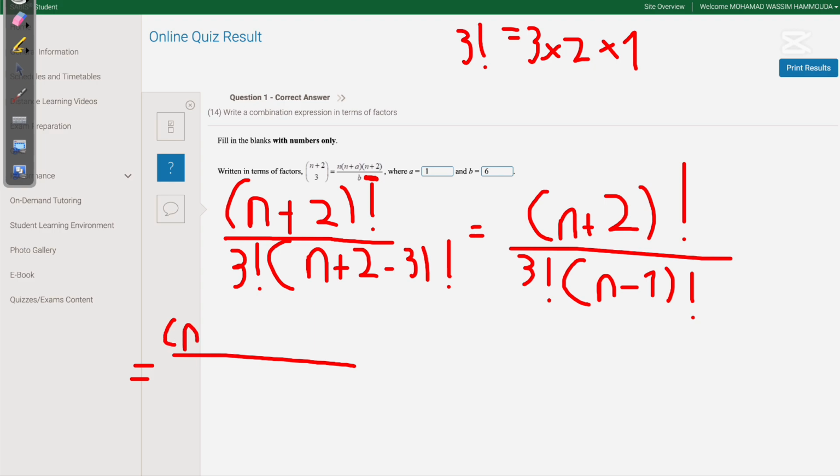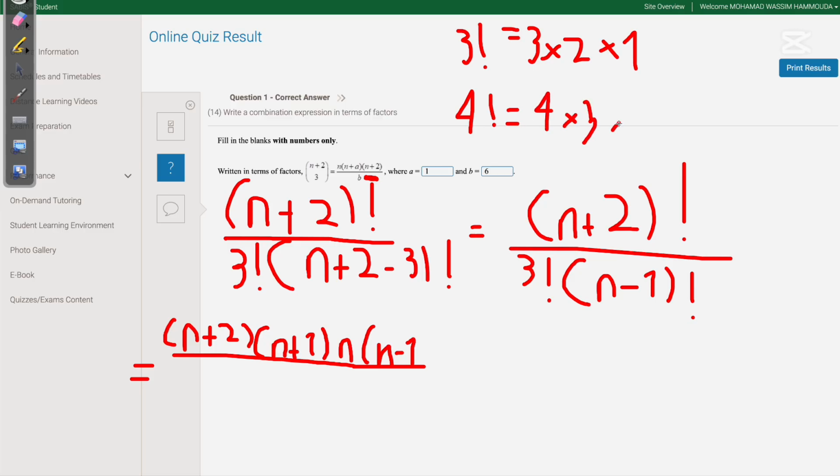So (n+2) times (n+1) times n times (n-1) factorial. Let's say we have 4 factorial, it's equal to 4 times 3 times 2 factorial, for example, because 4 factorial would be 4 times 3 times 2 times 1, which is 2 factorial.